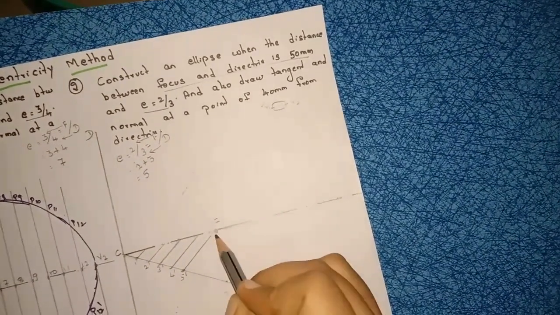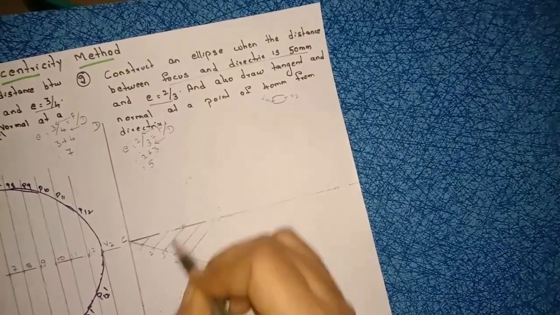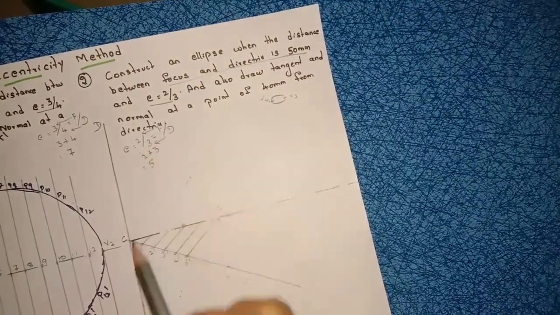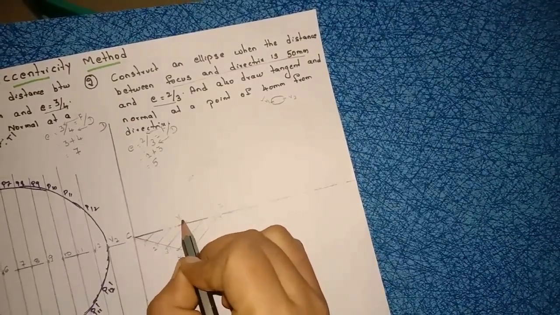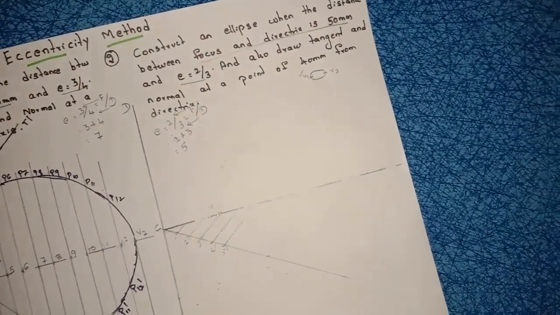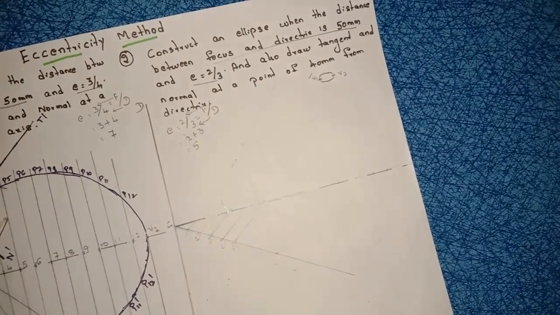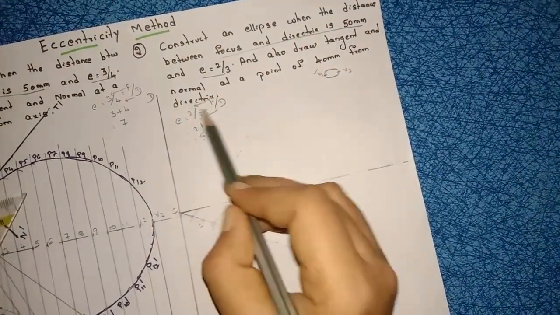From focus, second point: 0, 1, 2, this is the point. From directrix, third point: 0, 1, 2, 3, right? So this is the vertex V1, based on E equal to 2 by 3, F by D, from focus second point, from directrix third point.